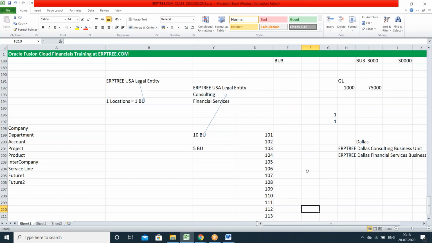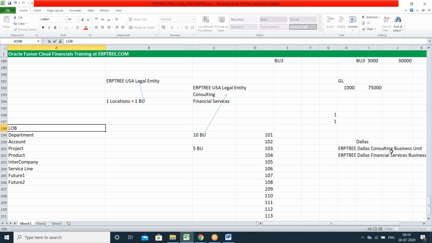And as we mentioned, that point also you can take in a different case. You can have it like this. Here, instead of company, you can take LOB, line of businesses.